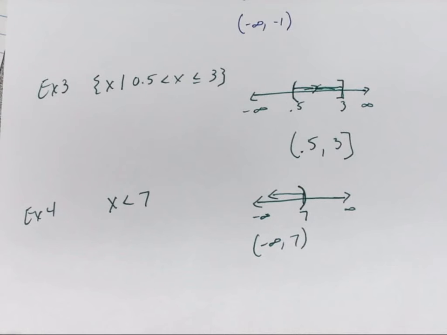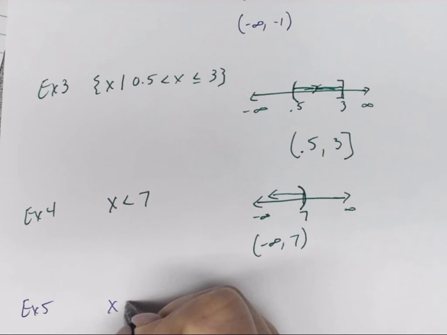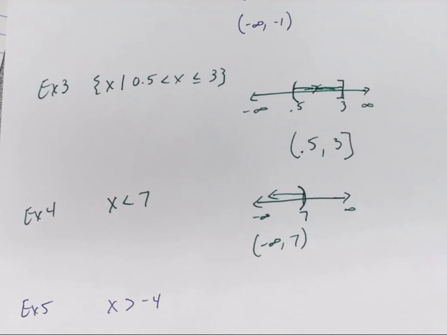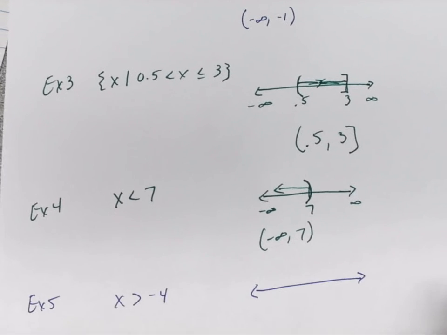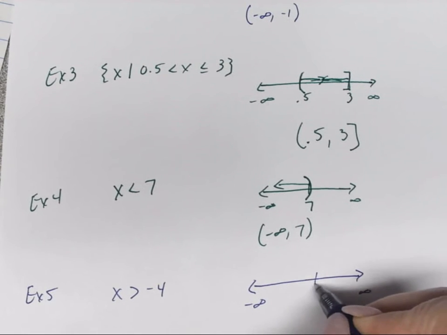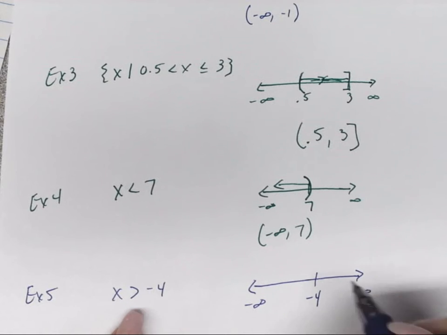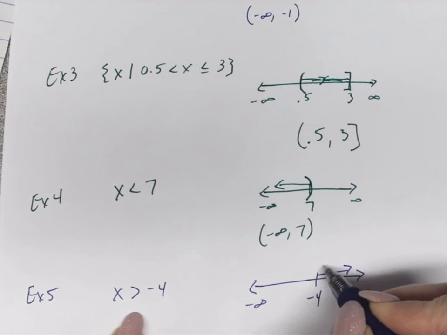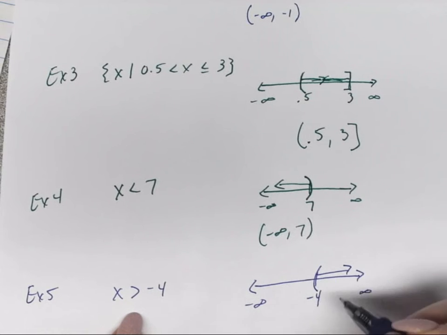And then we have example 5. x is greater than negative 4. So again, we're going to do our infinities, and we'll do negative 4. It's greater than, so it's going to the right. And it doesn't have an equality, so it will be a parenthesis.